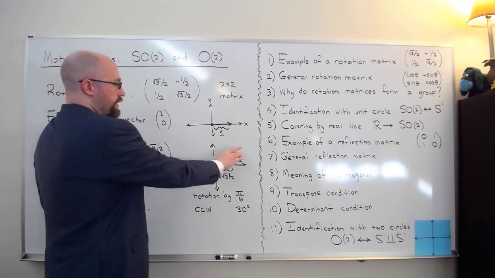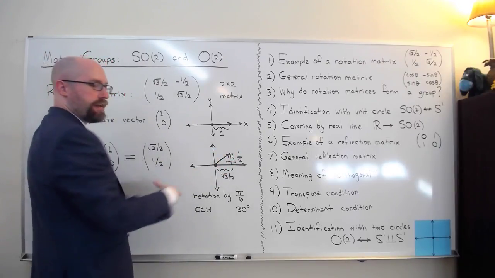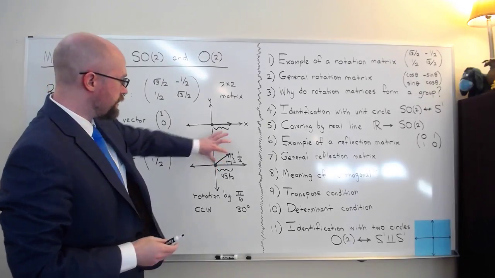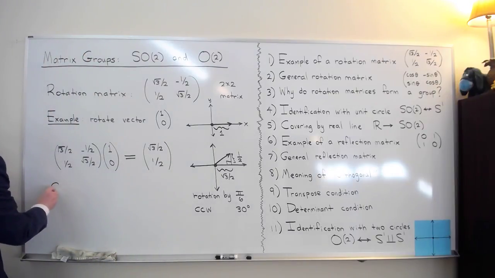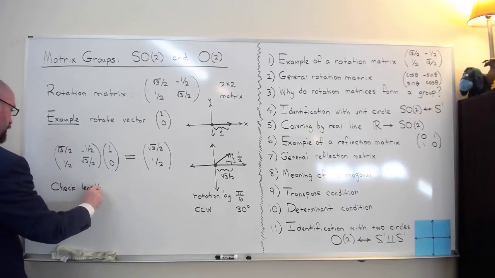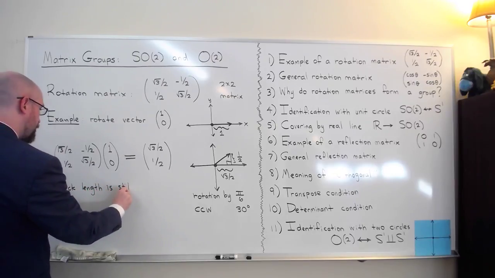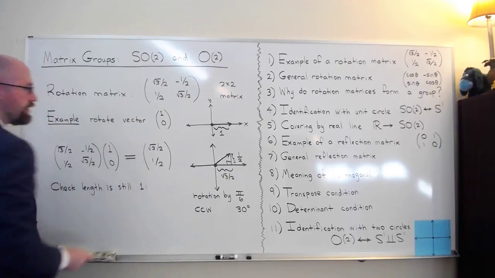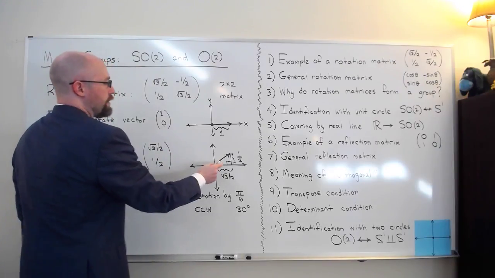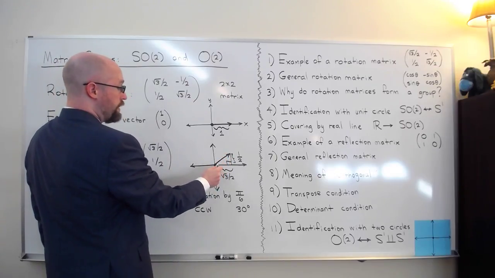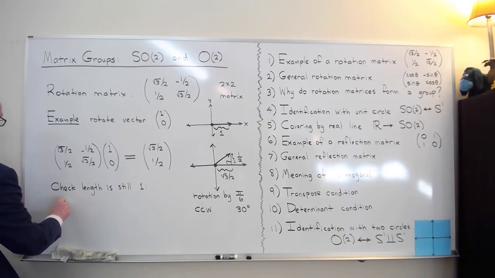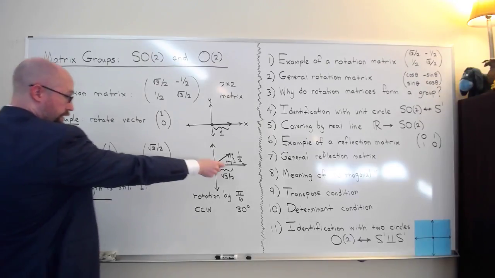Now, how do I know that it's just rotated it, that it hasn't stretched it or shrunk it too? Well, I want to check that the length is still 1, because otherwise it wouldn't just be a rotation. And that's just the Pythagorean theorem. You want the hypotenuse here, and you have this side and this side. So the length is just the square root of the sum of the squares.